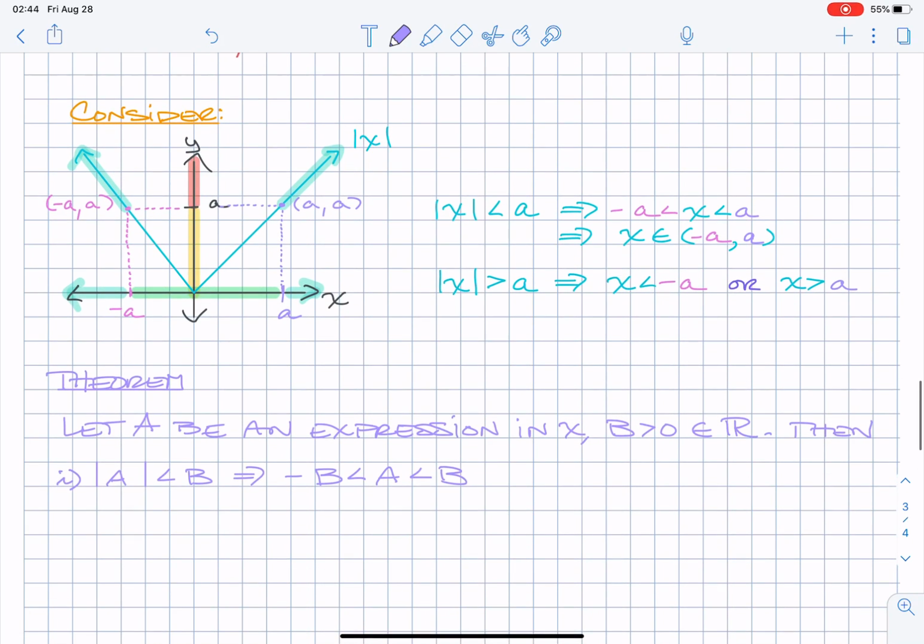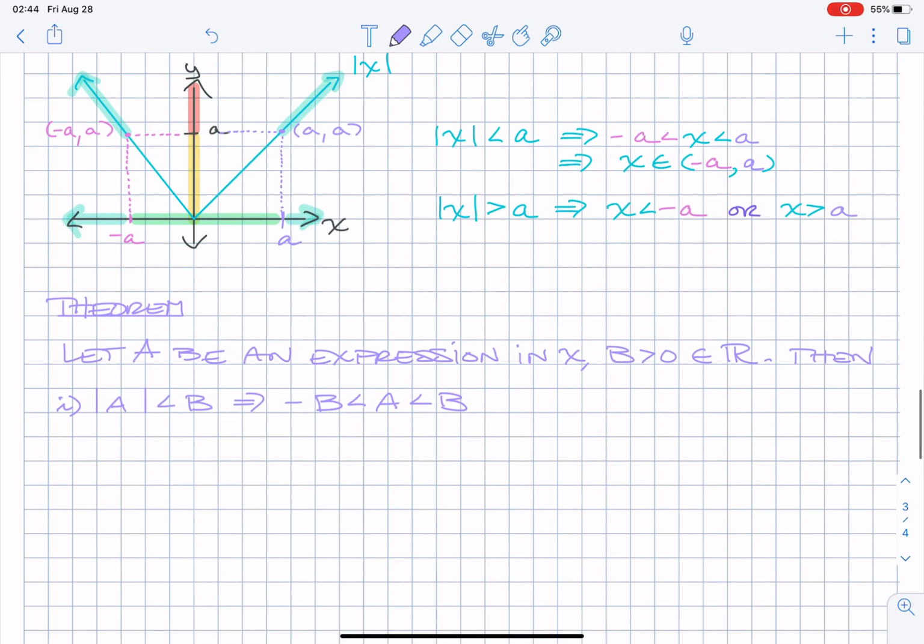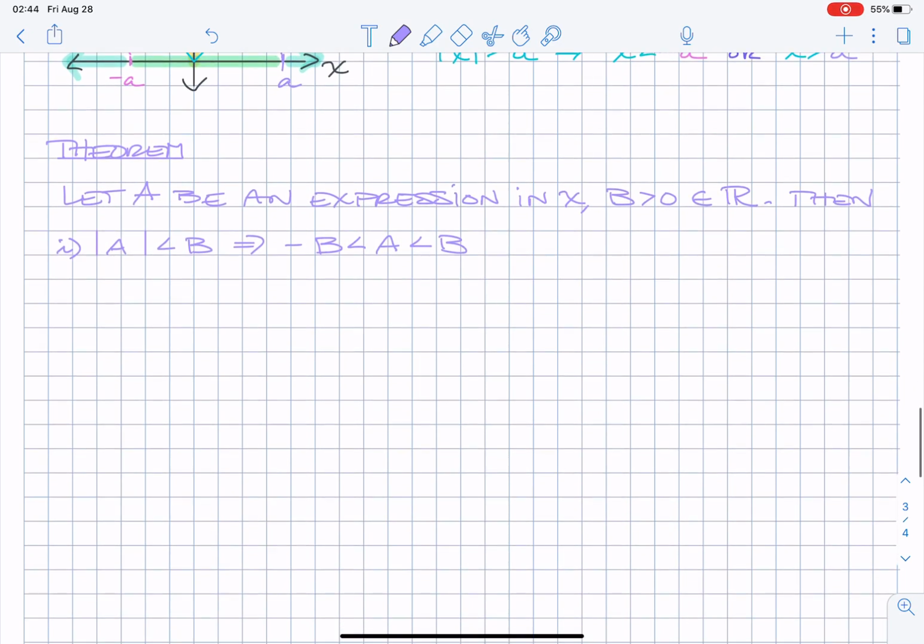So that would correspond to this first case, if I'm looking at values less than a, or less than b in this case. Okay, so number 2, I guess I shouldn't have swapped the letters. Let's say the absolute value of my algebraic expression is less than or equal to b. It's the same inequality. It's just negative b is less than or equal to a is less than or equal to b.